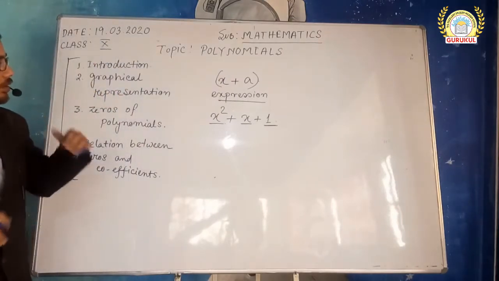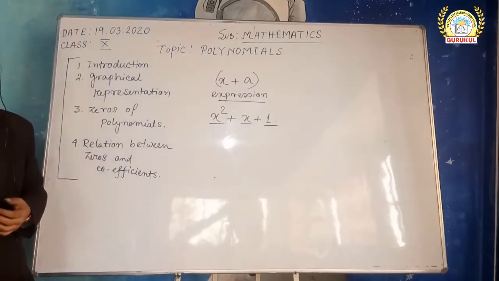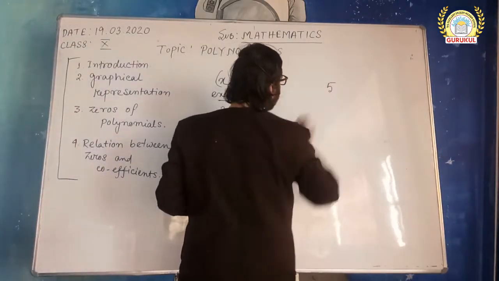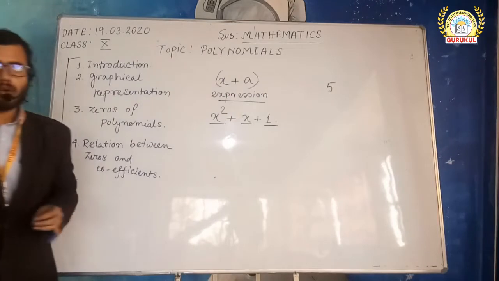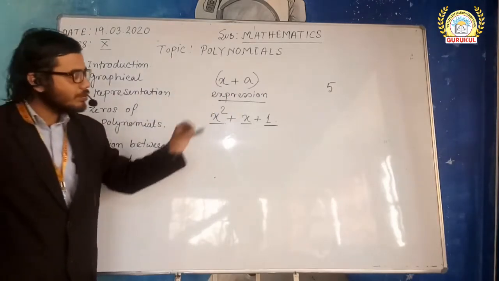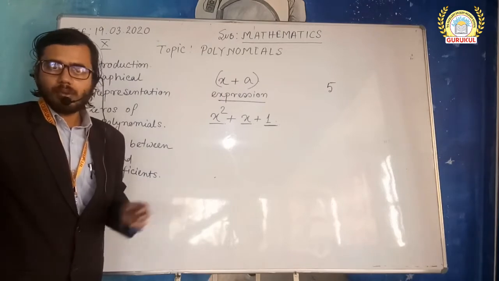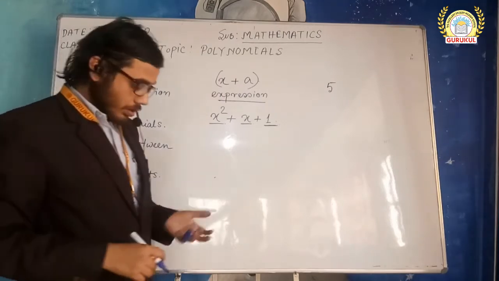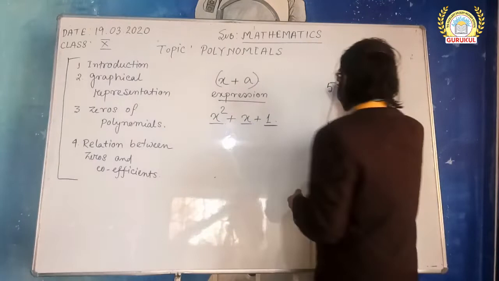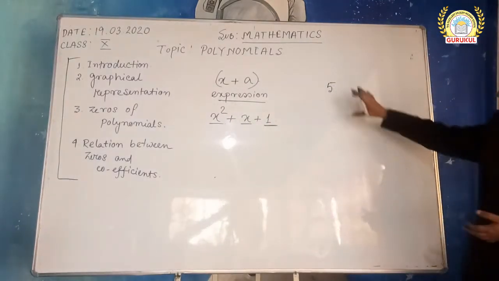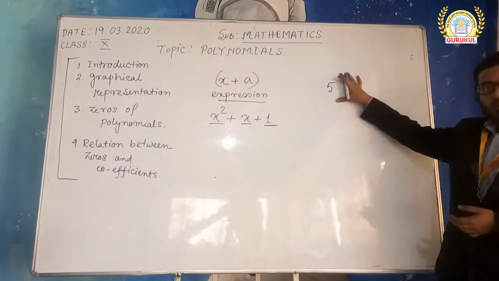Now, you may ask a question: sir, if I write only a constant, can this be called a polynomial? Yes, this is also represented as a polynomial. We can say 5 is also a polynomial. Why?